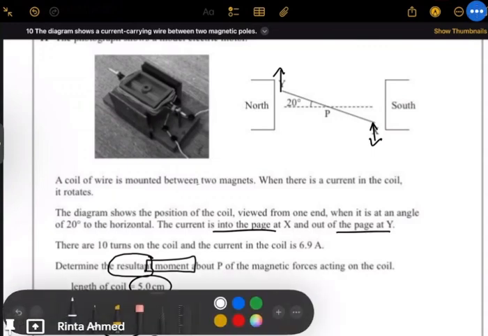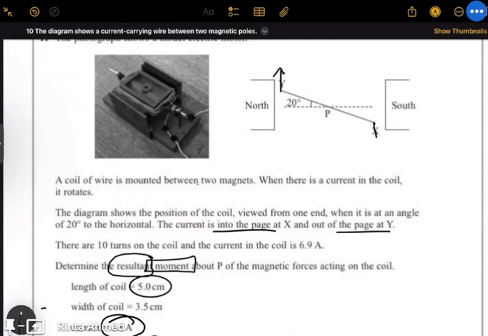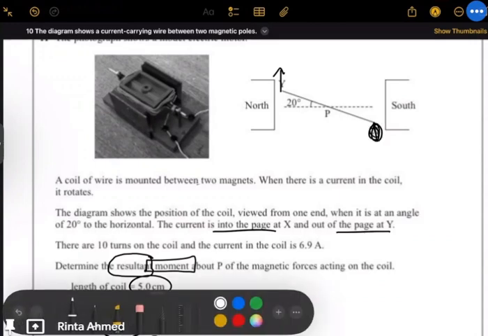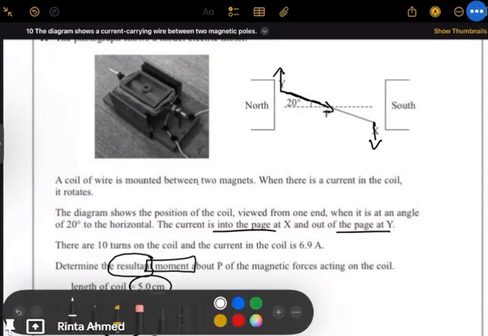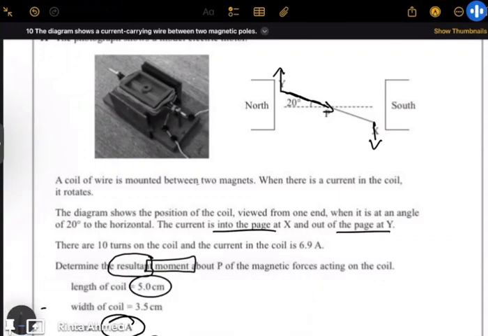Sorry, the drawing was, it was downward and it was upward. As we all see, the distance is like this, and the formula of moment says the force must be perpendicular to the distance, but this force is not perpendicular.